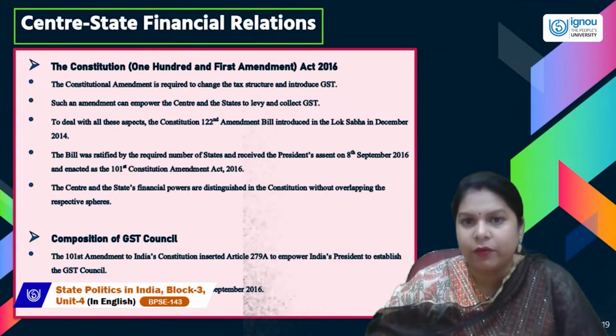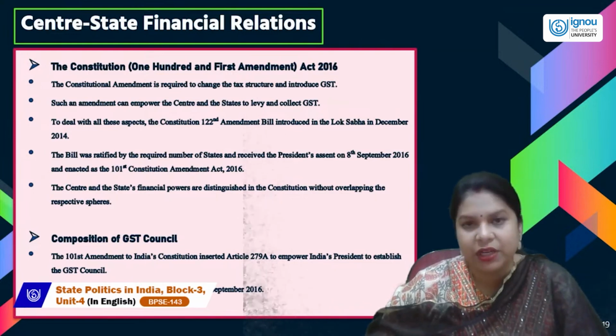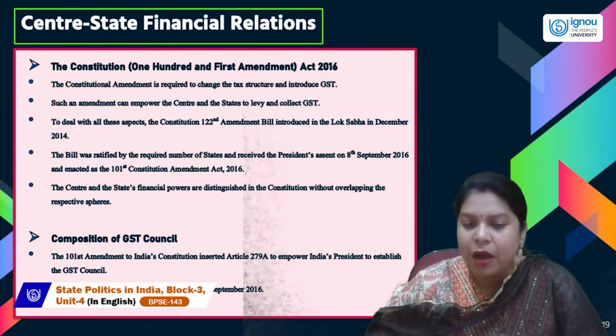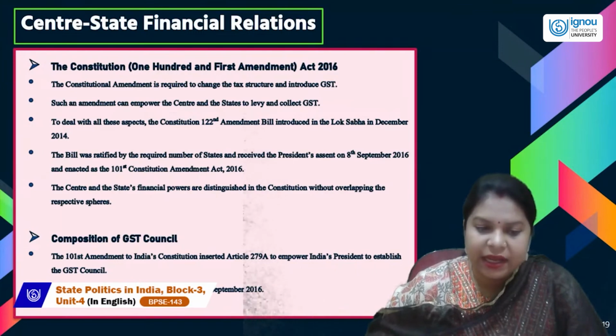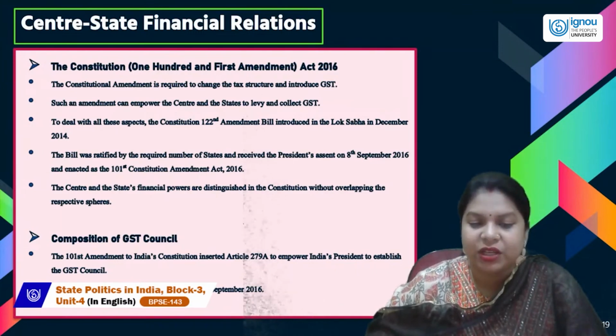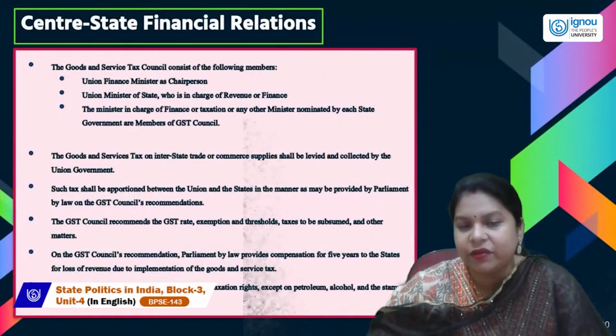Let's talk about the composition of the GST Council. The 101st Amendment to India's Constitution inserted Article 279A to empower India's President to establish the GST Council. Accordingly, the GST Council was established in September 2016. The Goods and Service Tax Council consists of the following members.